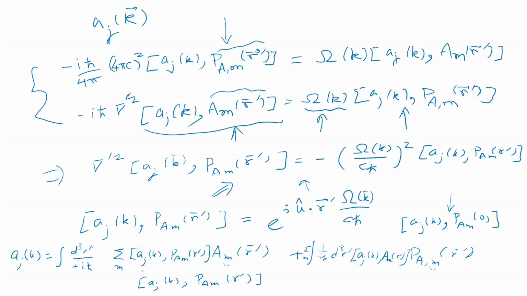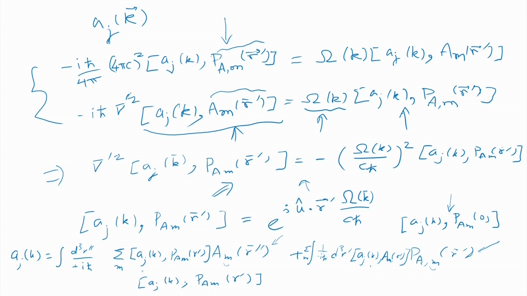Firstly, you should convert this to a dummy variable. The commutator of A and P is only going to contribute because of the first term. It is not going to contribute because of the second term, because the second term is already proportional to P, and the commutator of A and P is 0.